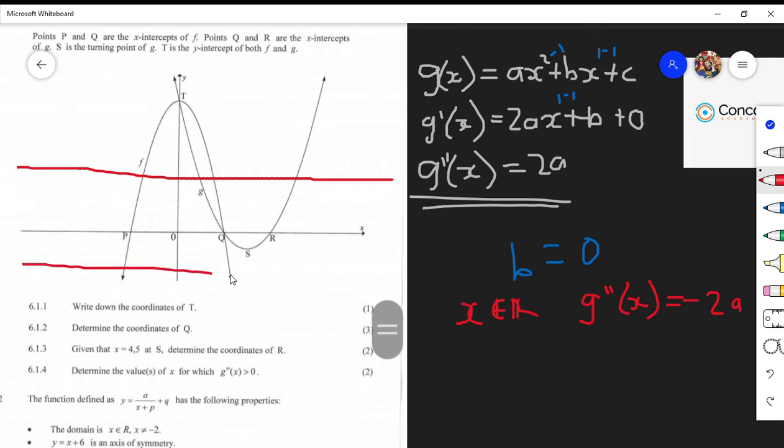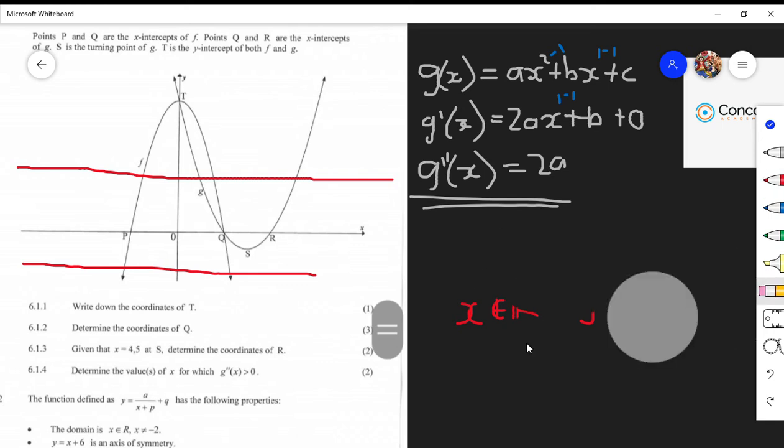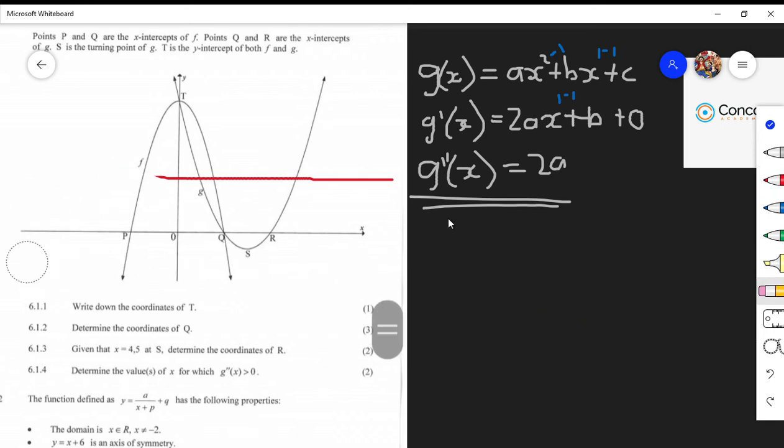It will be on the negative side, okay? Because remember, this is the same as saying y is equal to negative 2a. So it would be on the negative side. But now since the graph is y is equal to 2a, it's in the positive part of y.